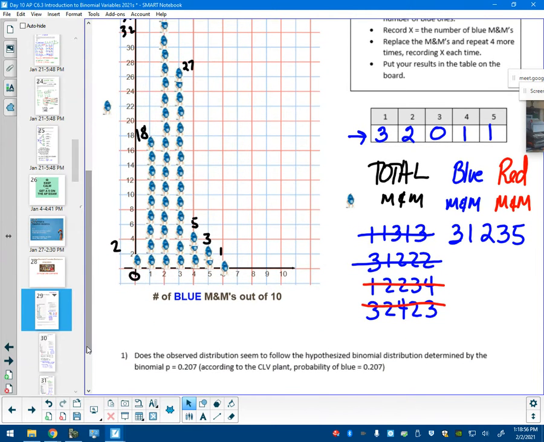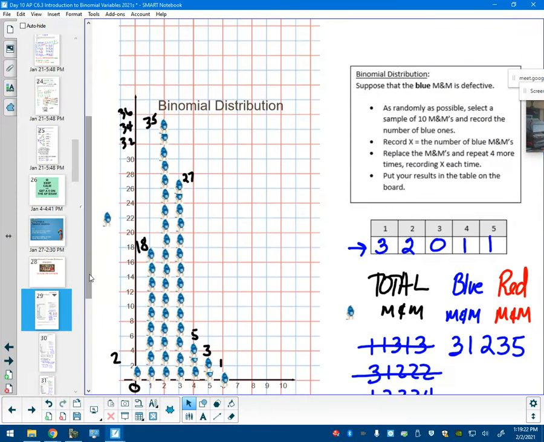And since there are 4, 8, 12, 16, 17, 18 of us, and we each did this 5 times, I should have 90 things up there, so let's see if I do. Ooh, I have 91.